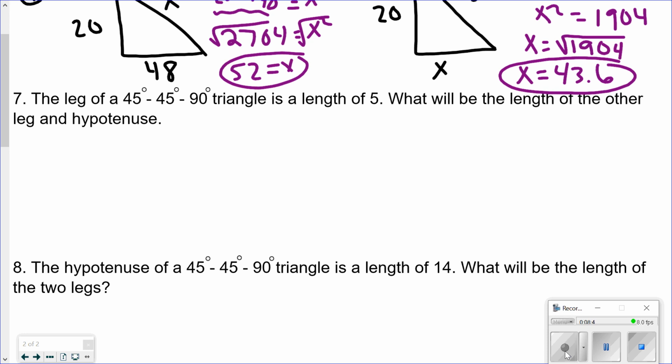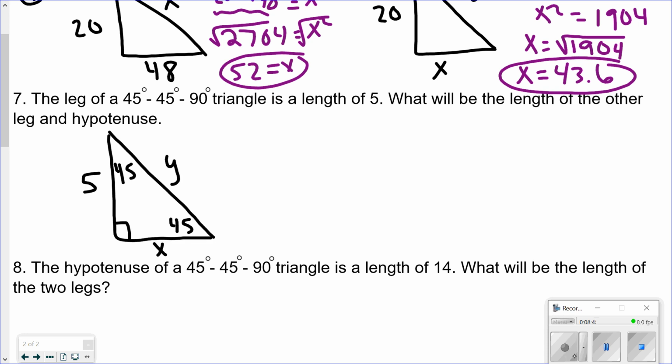My first step is to draw out this situation. I need to figure out the length of x, the other leg, and the length of y, the hypotenuse. If you look at your cheat sheet, a 45, 45, 90 triangle is an isosceles triangle, meaning that the legs are congruent. So if one leg is 5, x also has to equal 5.